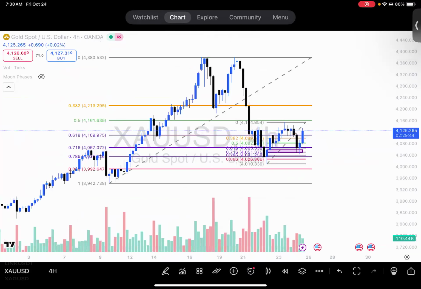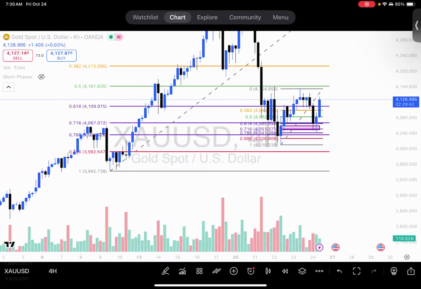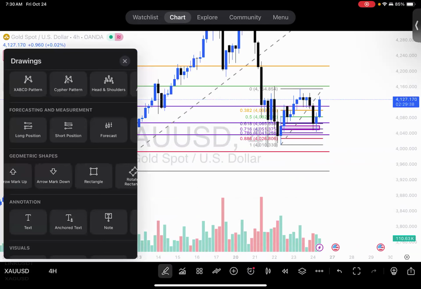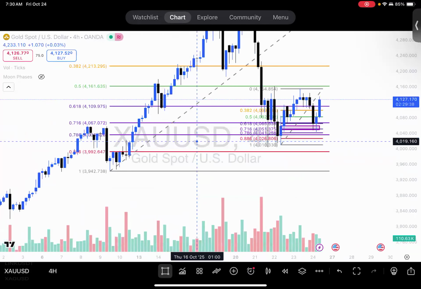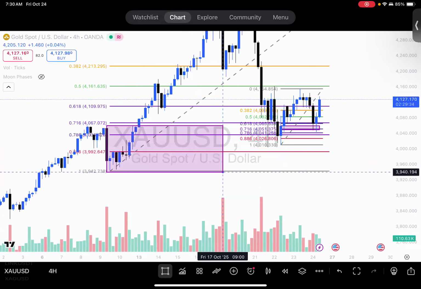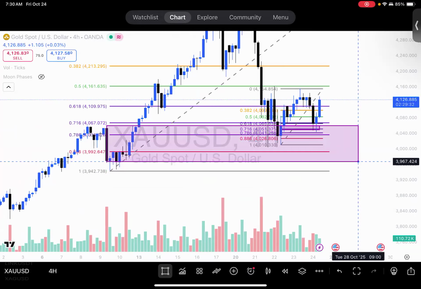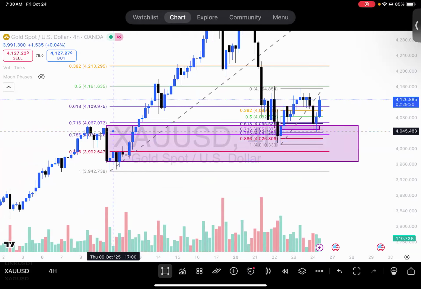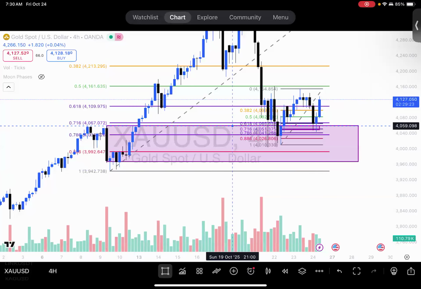And what is there in this area that we're reacting off of? Would you look at that? There is a strong point of interest right here, an order block that the market left behind, a huge selling candle on the bigger time frame before making new all-time highs.